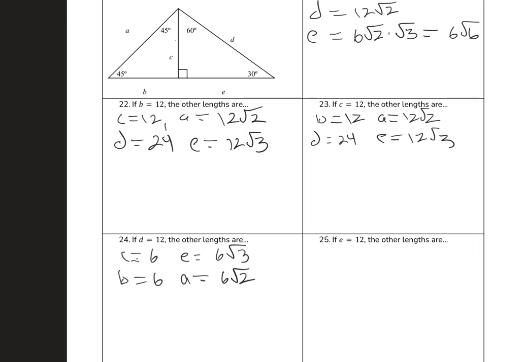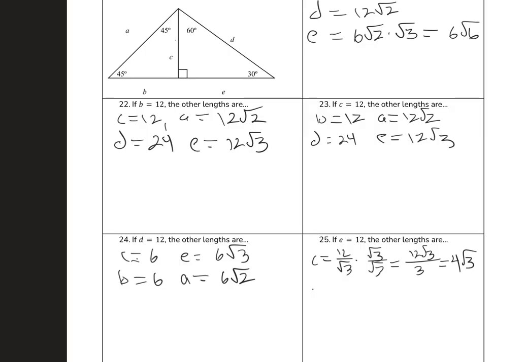If E is 12, since E is root 3 times C, that means that C would have to be equal to 12 over root 3, which when we multiply by root 3 over root 3 is going to give us 12 root 3 over 3 or 4 root 3.